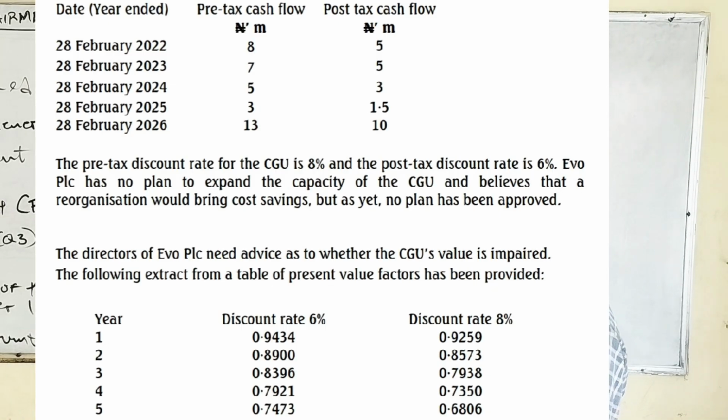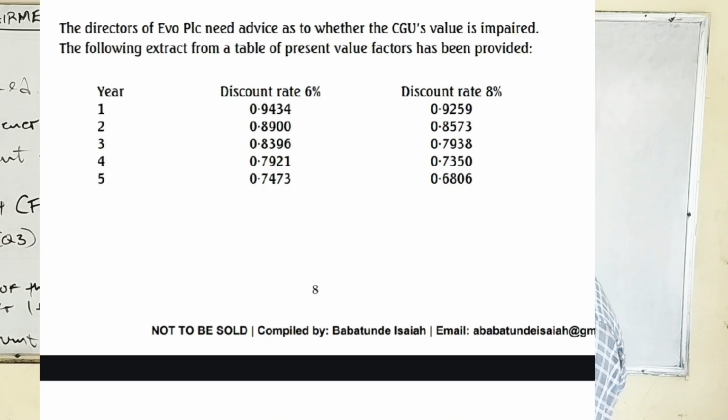Evo has no plan to expand the capacity of the cash generating unit and believes that a reorganization will bring cost savings, but as yet, no plan has been approved. The directors of Evo PLC need advice as to whether the cash generating unit's value is impaired. The following extract from a table of present value factors has been provided: years 1 to 5, discount rate at 6%, then discount rate at 8%.